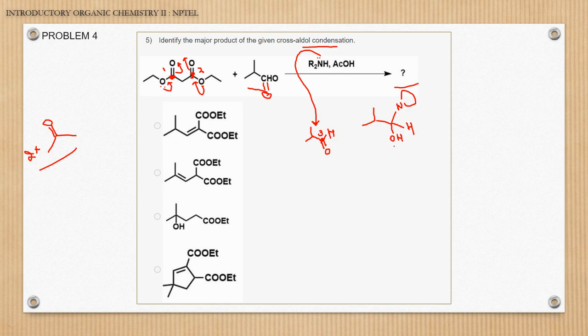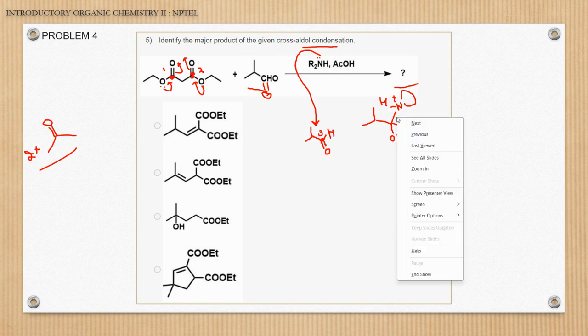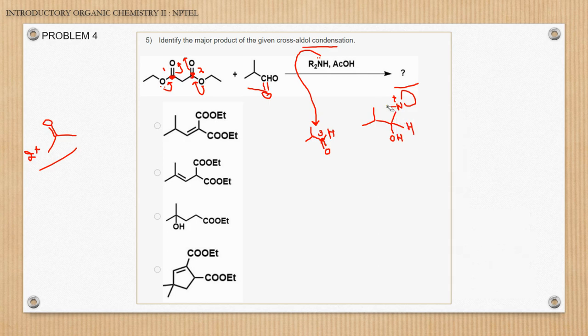Now after that, what will happen? This H is positive. So now you have to form an enamine between this. Here, after the removal of a water molecule, what will form?